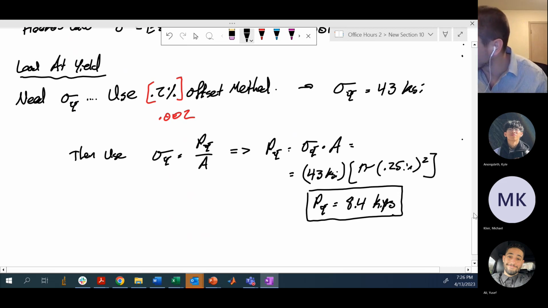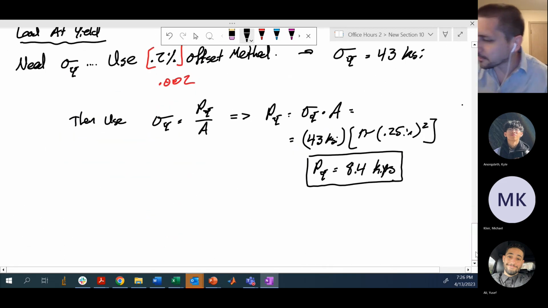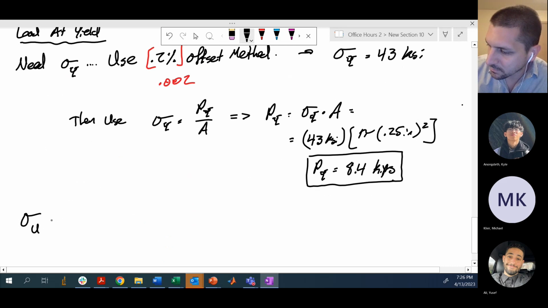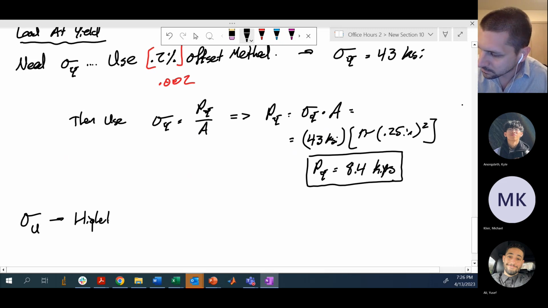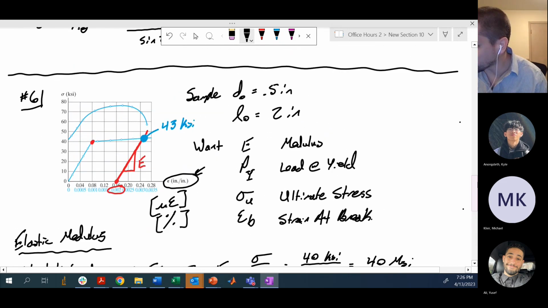Last thing, ultimate stress and strain at break. This is just the highest stress that it can handle. We go back to our curve, just look at the peak of the curve.